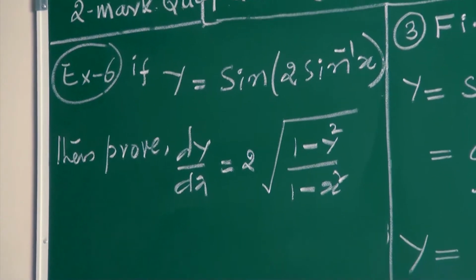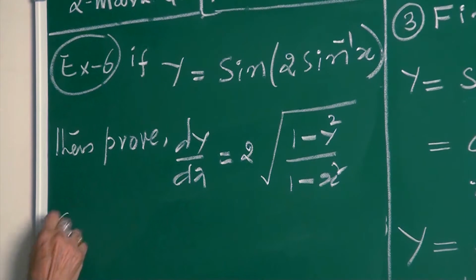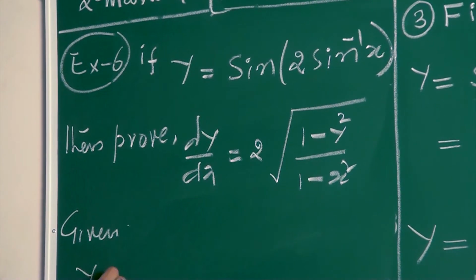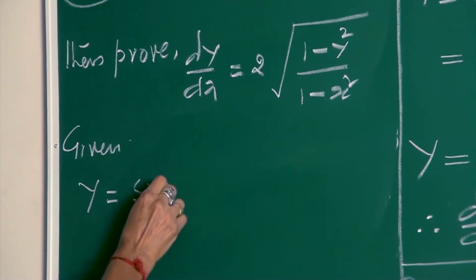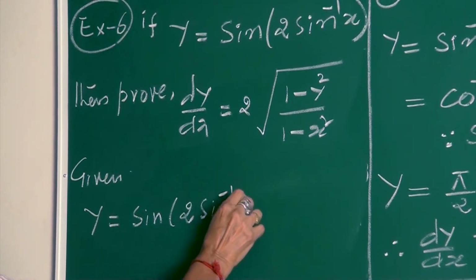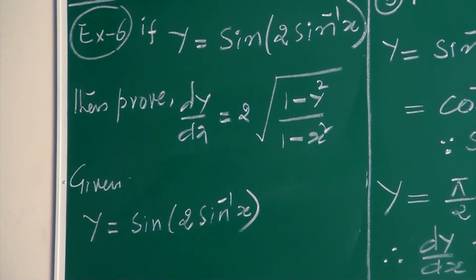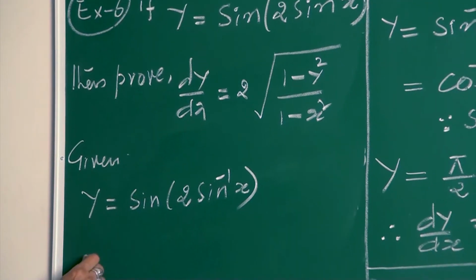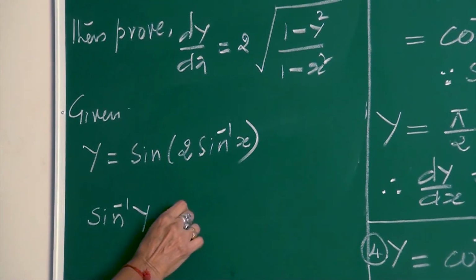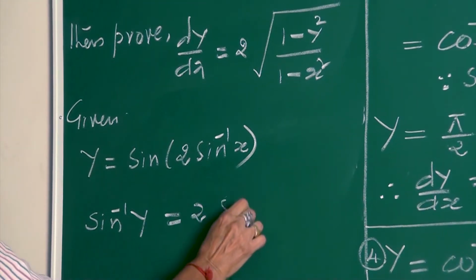Right, friend, given y equal to sine of 2 sine inverse x. Taking sine to this side, it becomes sine inverse y equal to 2 times sine inverse x.